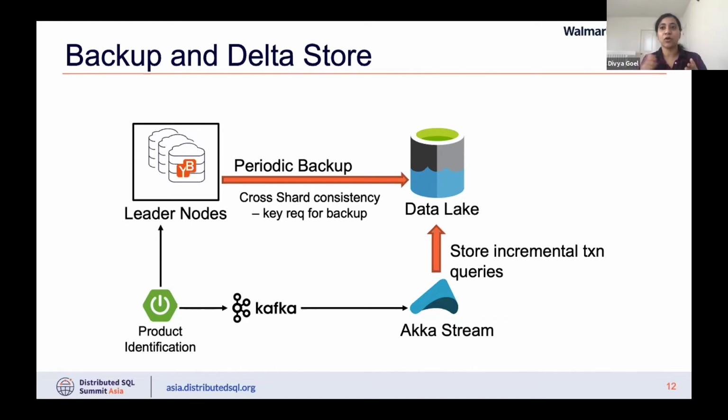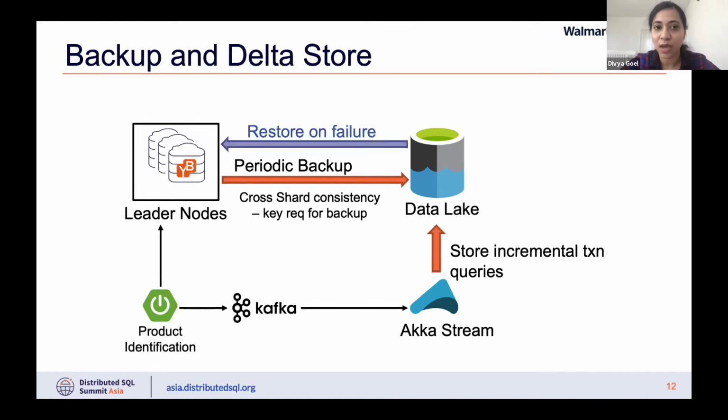Also, let's say we have periodic backups of 3 hours. If any issue happened after the first checkpoint of backup, we needed a way to restore all the transactions that happened after the checkpoint. So we are also collecting all the queries as an incremental update from the product identification service through Kafka, routed from Akka Stream, and also writing that to Azure Data Lake storage.